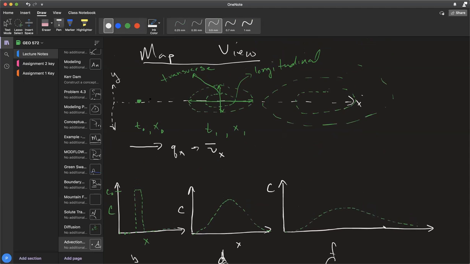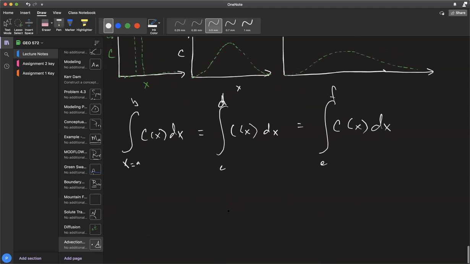And in general, we'll see that we will spread faster longitudinally than we will transversely. So the rate of spreading is not equal.